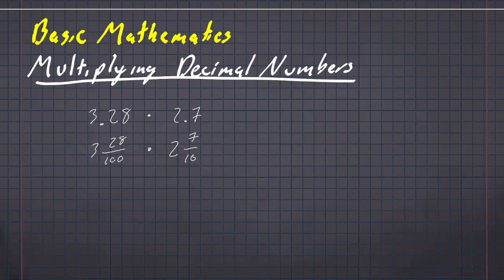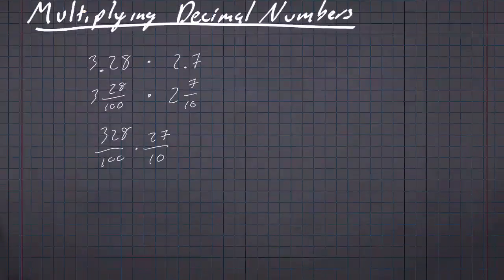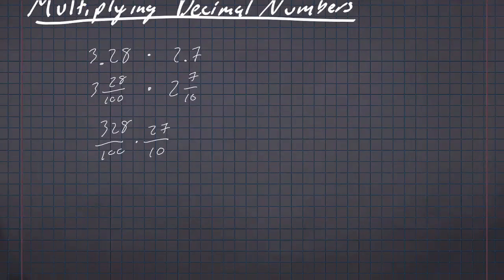To multiply mixed numbers, we rewrite them as improper fractions. We multiply across the numerator and we multiply across the denominator.